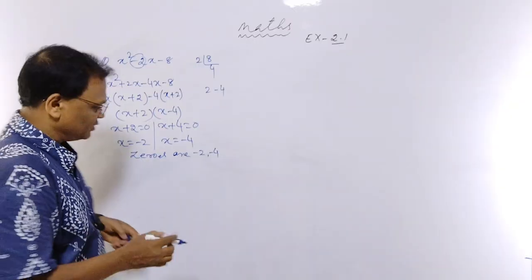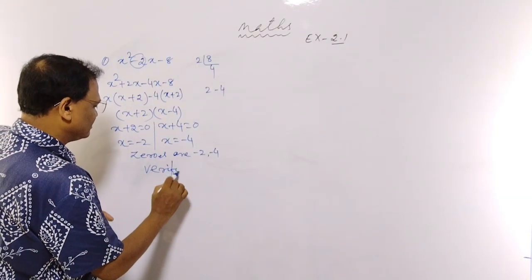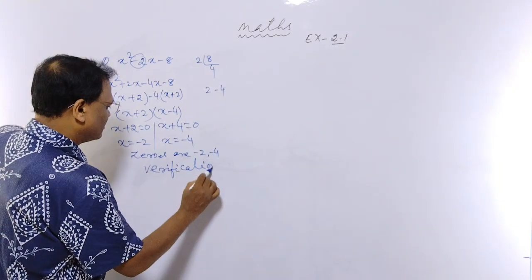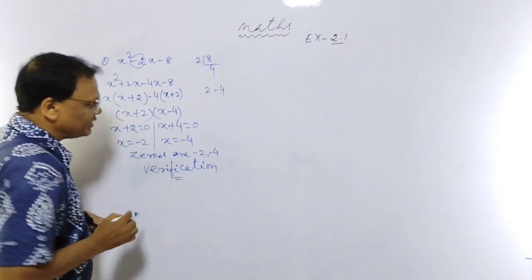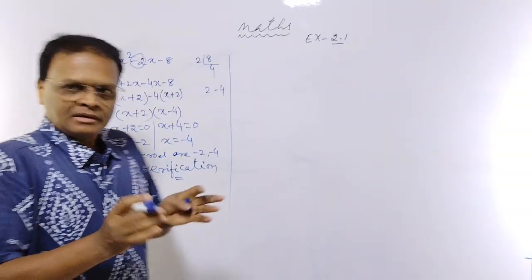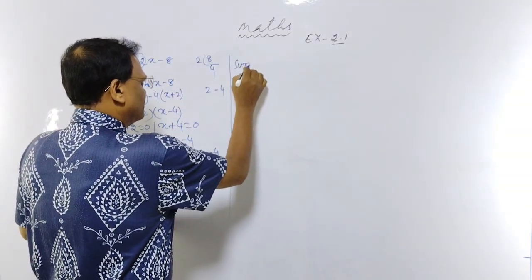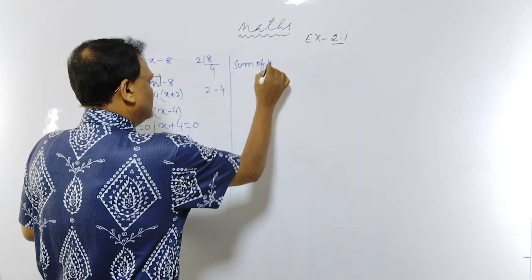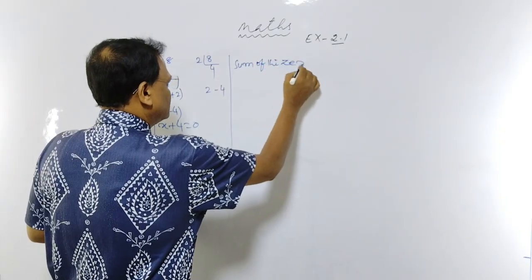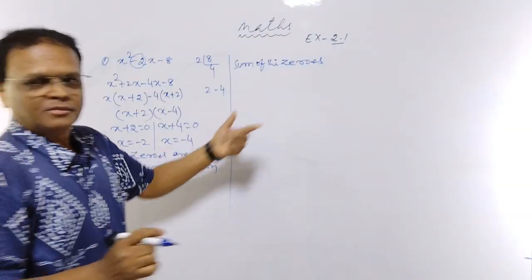And in my verification, so what is the verification? I write the steps. First is sum of the zeros. Under verification you write: what to verify? Sum of the zeros.